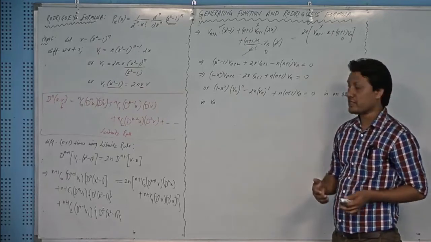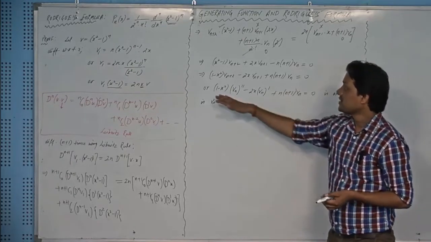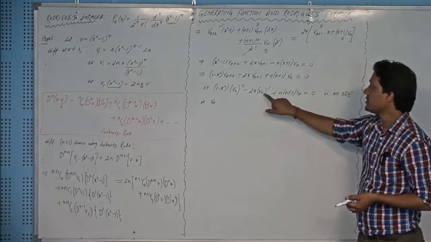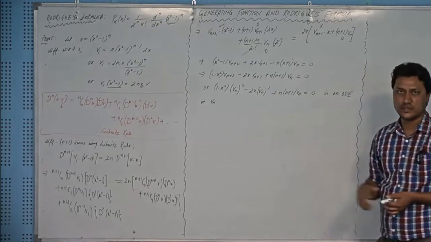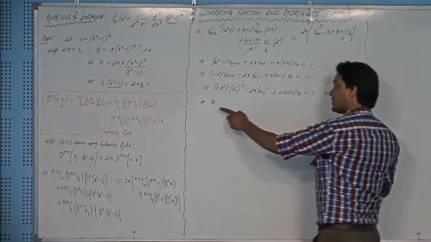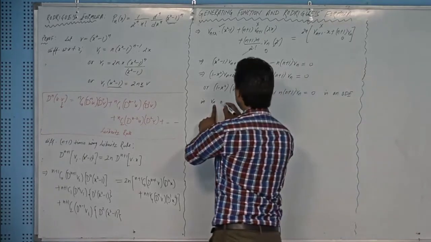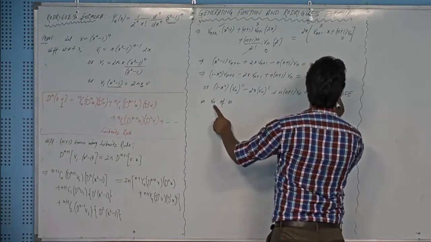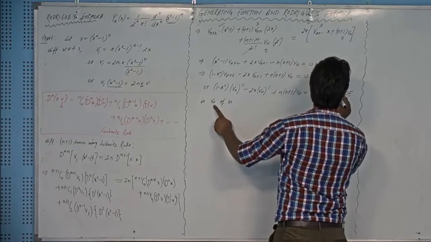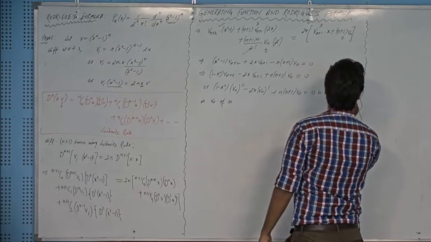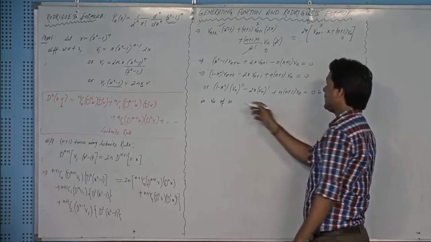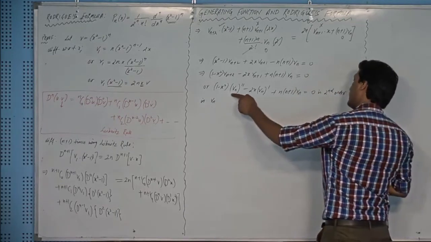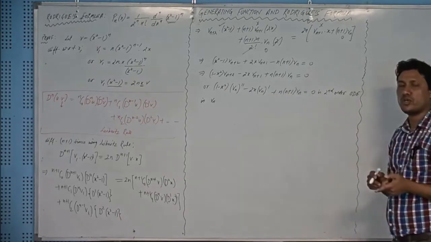I have written it in that fashion so that it appears as a differential equation in v_n, right? See, here we have the second derivative of v_n, here the first derivative of v_n, and here the zeroth derivative of v_n. So it is a second order ODE in v_n, right?